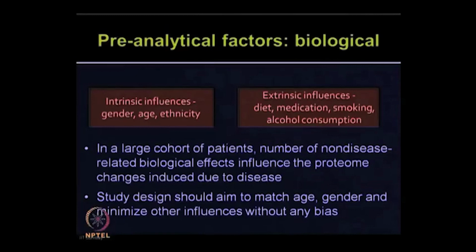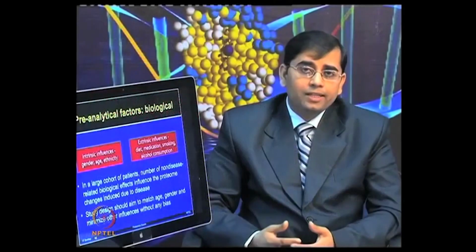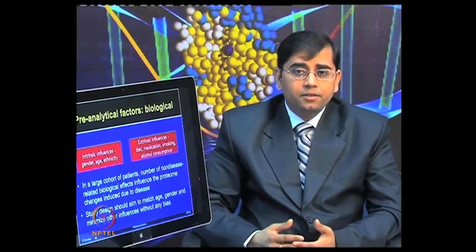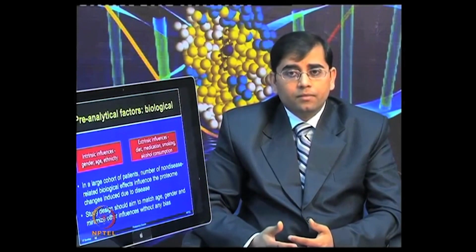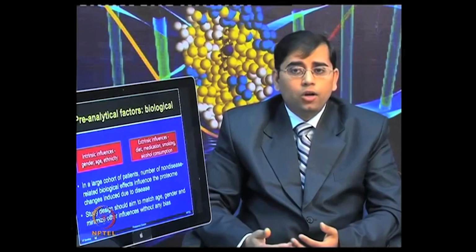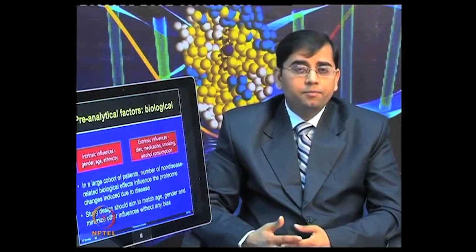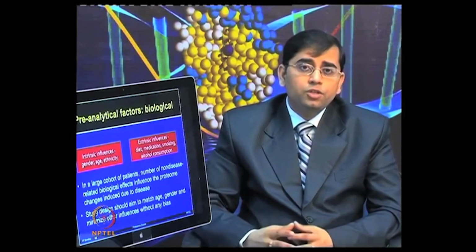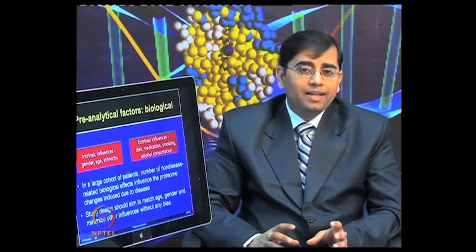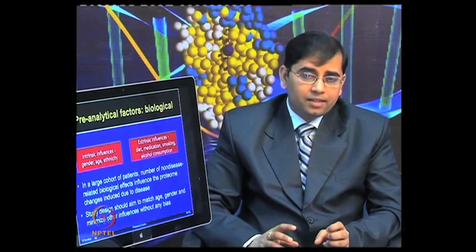The intrinsic influences include gender, age, ethnicity. The extrinsic influences include diet, medication, smoking, alcohol consumption, etc. So, when you are designing a clinical study, you need to ensure that you have no bias with the intrinsic factors.